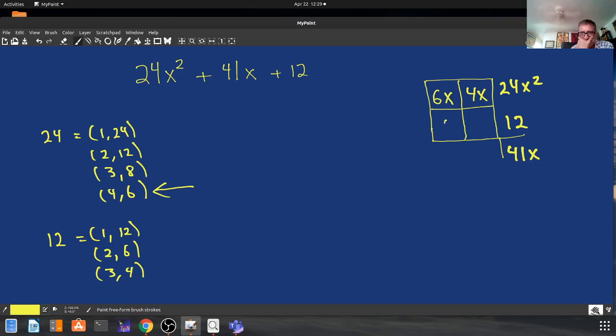What about 6 and 2? Well, that gives me 36x plus 8x. That was close, but it still didn't work because 36x plus 8x is not 41x.